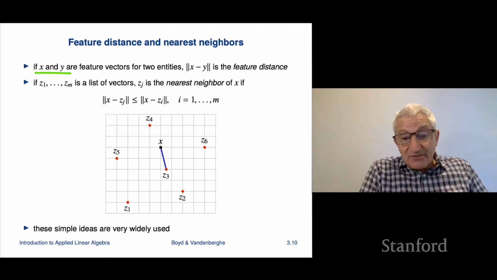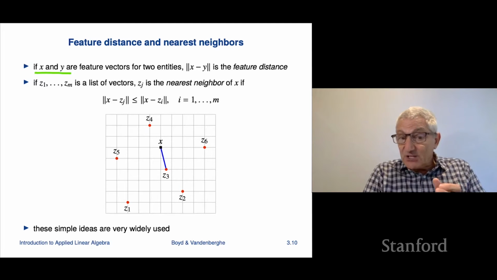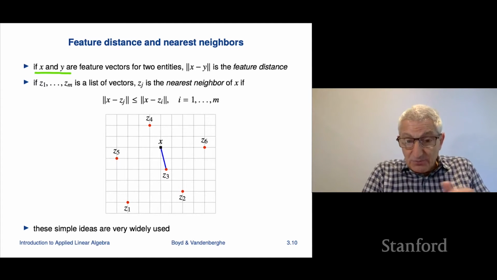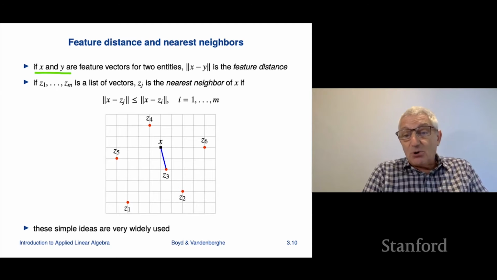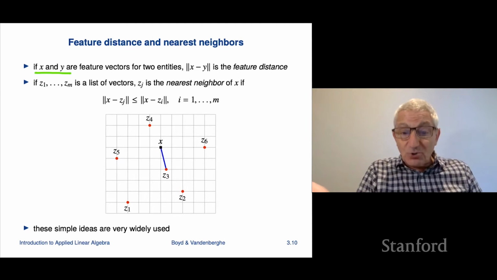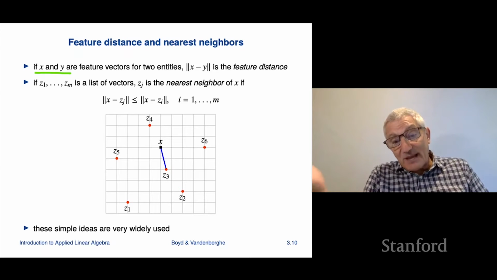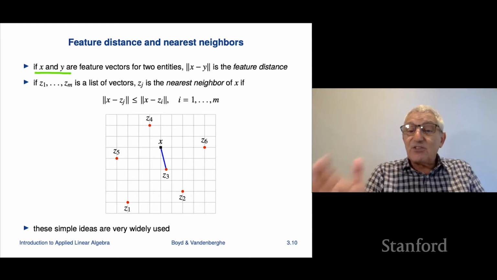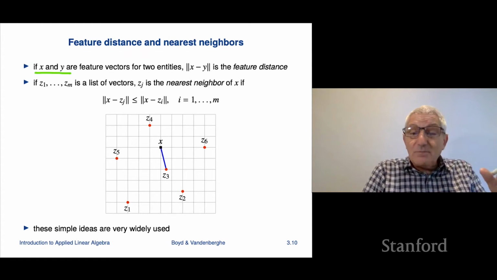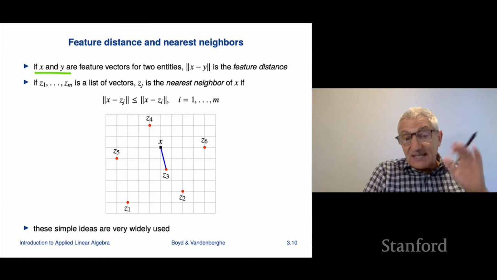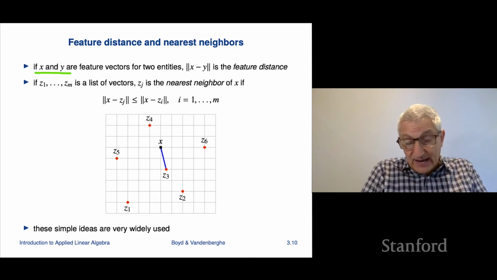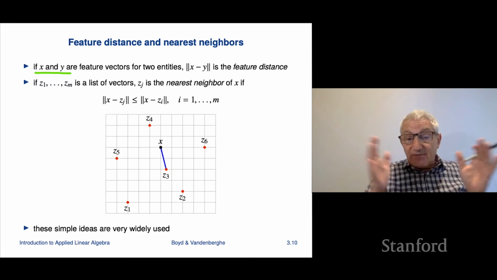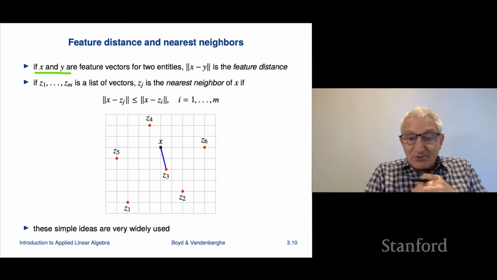If we go back to that very simple example of regression, we had the house area as the first component, and the second was the number of bedrooms. Two houses that are close would have probably the same number of bedrooms and a similar number of thousands of square feet, right? So in that case, the feature distance would be small. But a one bedroom, 900 square foot house would have a large feature distance to a 6-bedroom, 5,000 square foot house, right? So that's kind of the idea. So all of a sudden we have the idea of distance. Now, that's not a geometric notion of distance, right?